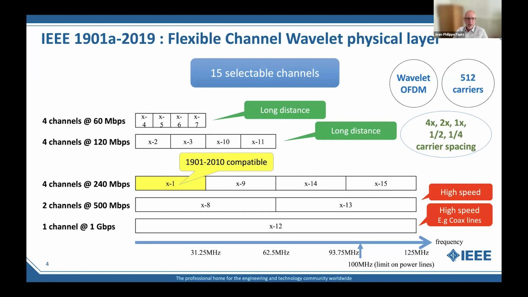This is what we have, one channel at 1 gigabit per second, which is at the bottom, X12. Or we have smaller channels for long distance. We have 4 channels at 60 megabit per second, X4 to X7, for long distance. And so it's really flexible. You can choose, and I will explain how we achieve longer distance and higher speed.